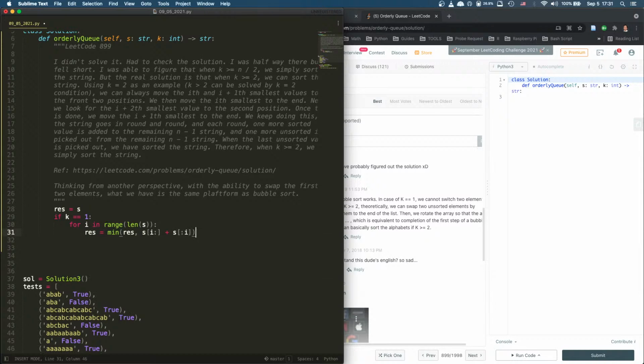That's just the rotation, and then we can go from 1 to len s.